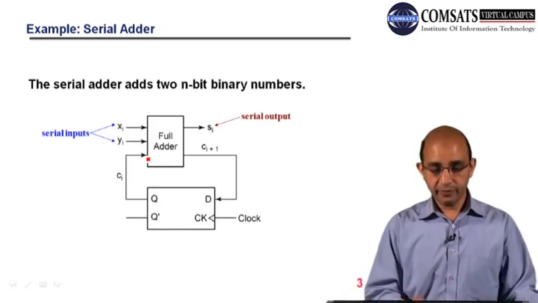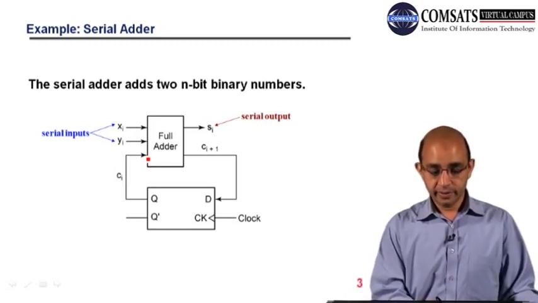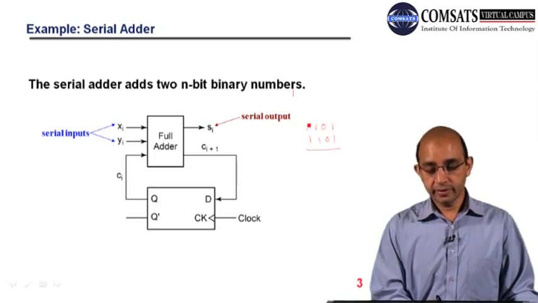So here, for example, if we have a 4-bit number 1101 and again another number 1101, we have to add those numbers, where this represents x and this represents y.